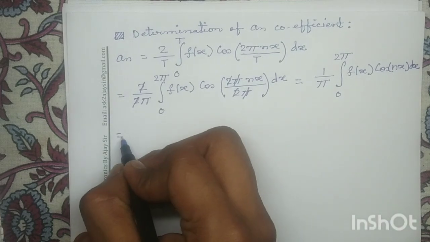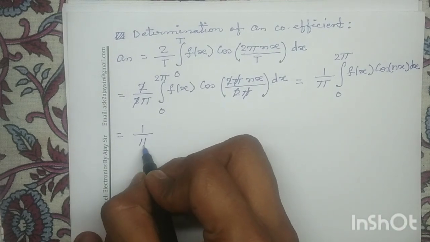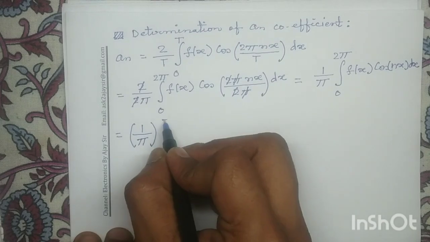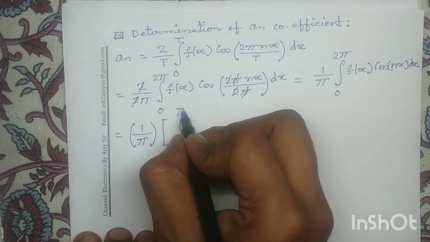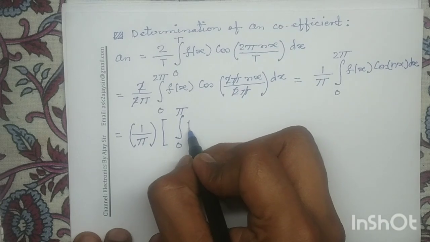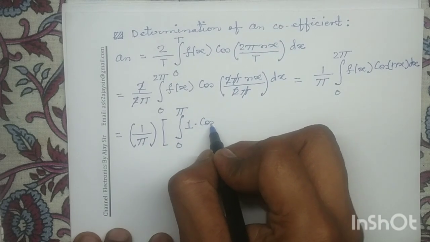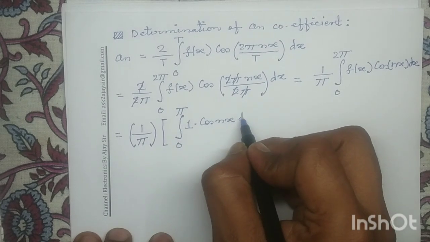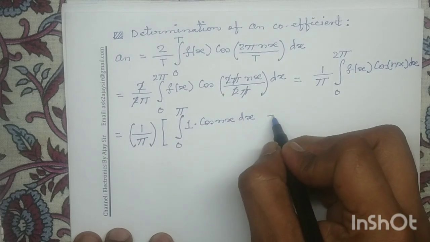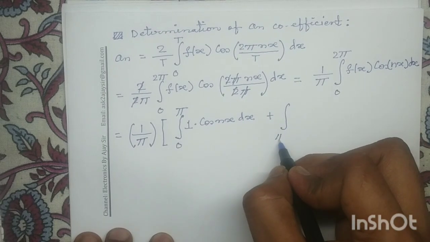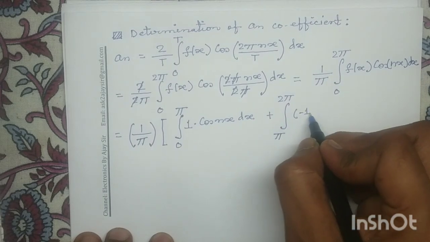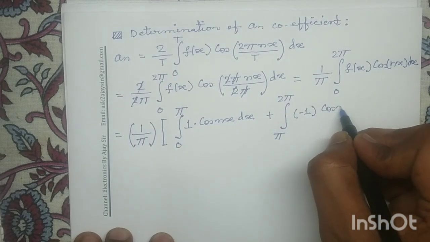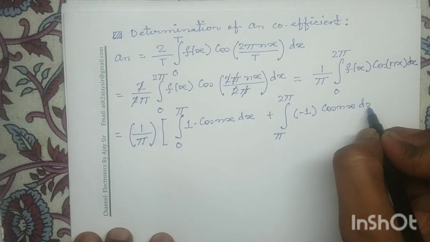So we will split this integration into two parts: 1 by pi integration 0 to pi, f of x is 1, so 1 into cos nx dx, plus from pi to 2 pi f of x is minus 1 into cos nx dx.